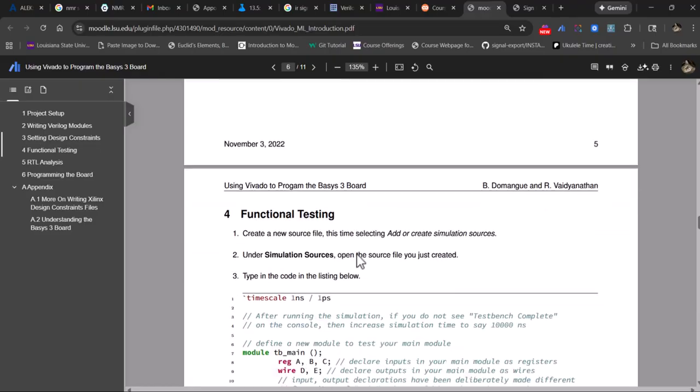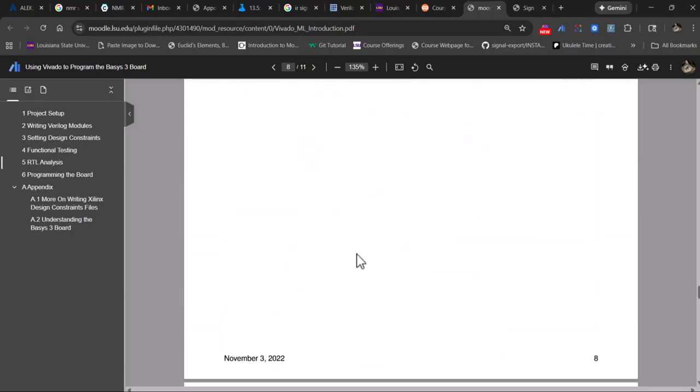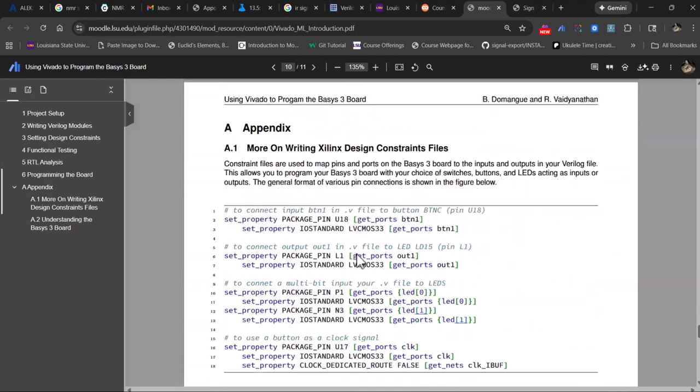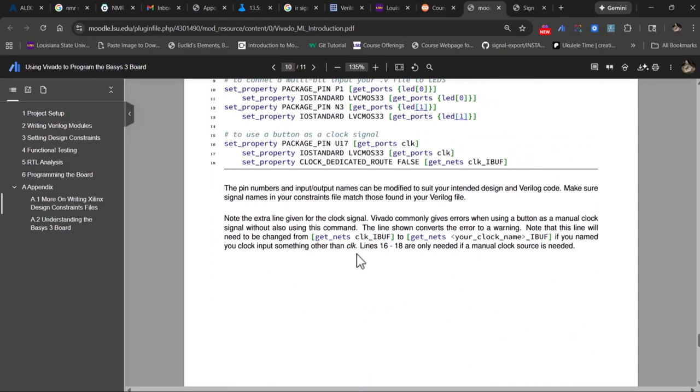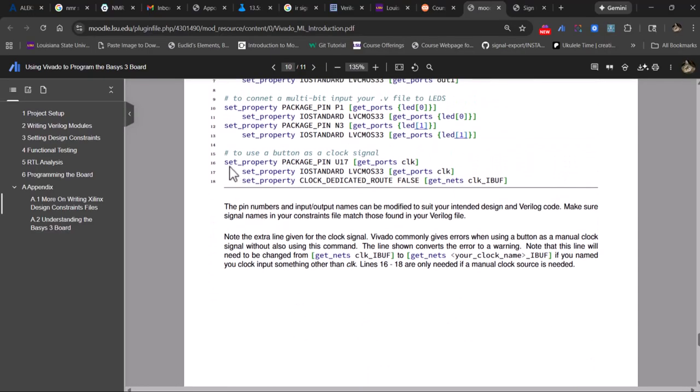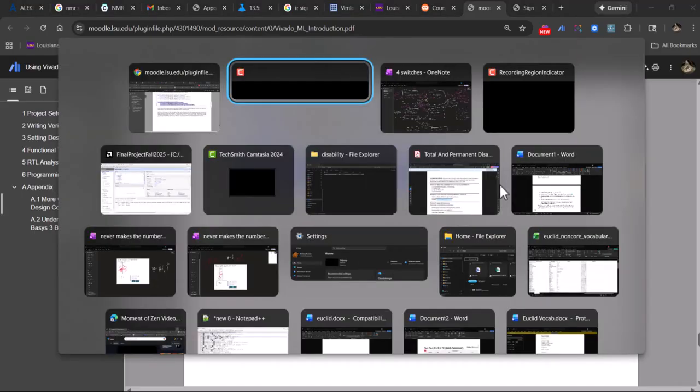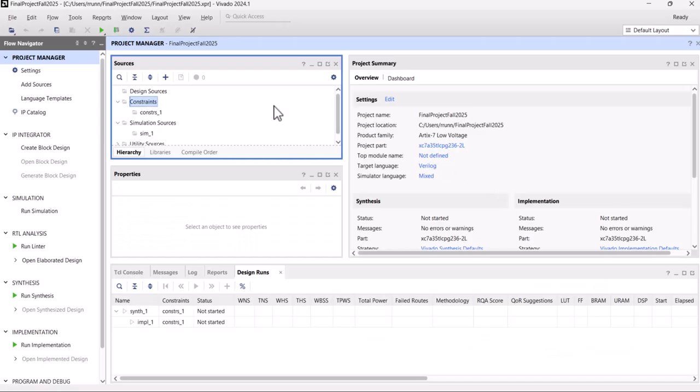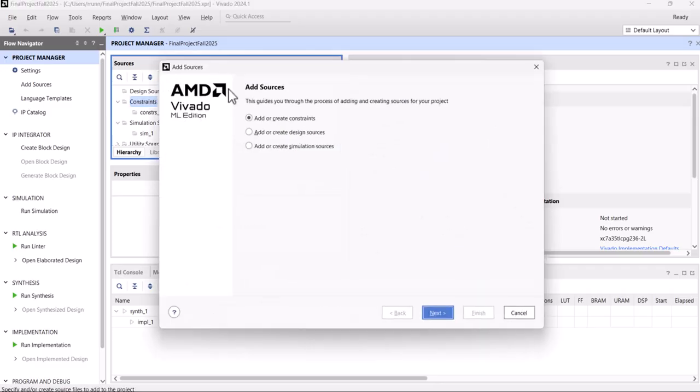At the very end, it has to use a button as a clock signal, so that's what you'll need for your clock. So for constraints, I'll need a new constraint file.